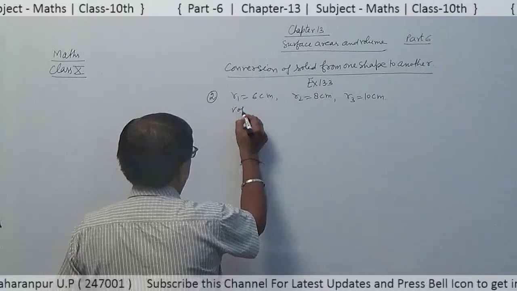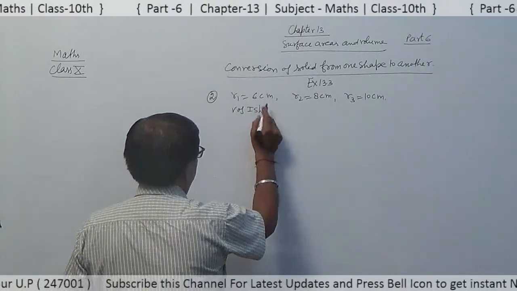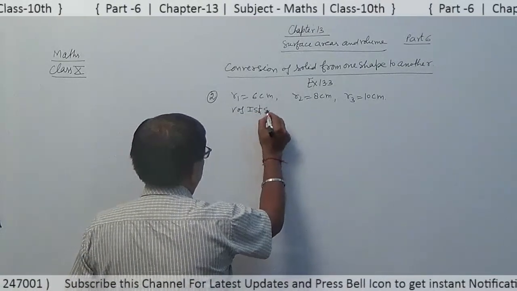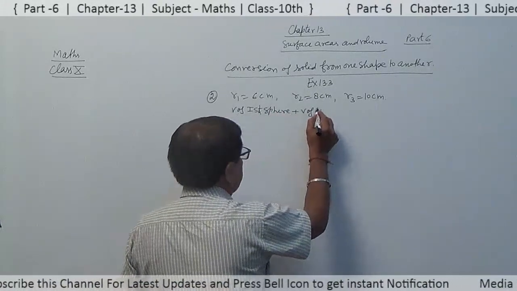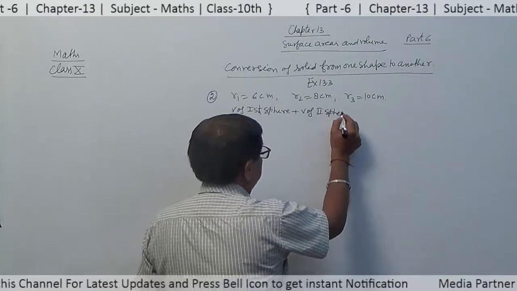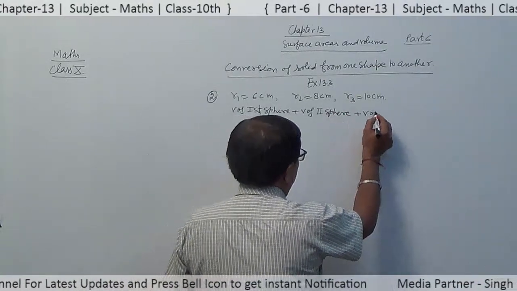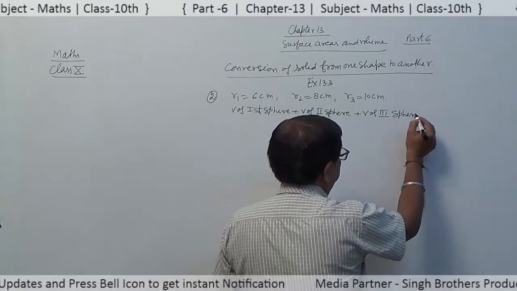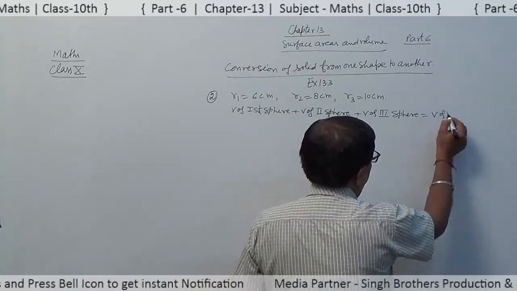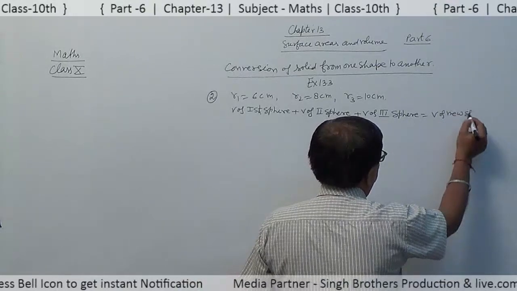Volume of first sphere plus volume of second sphere plus volume of third sphere is the volume of the new sphere.